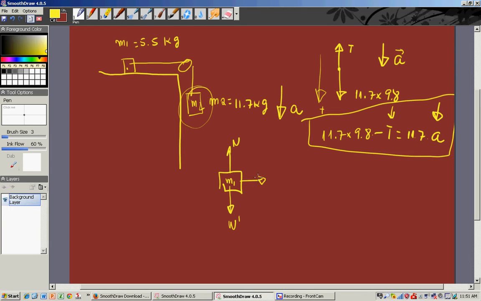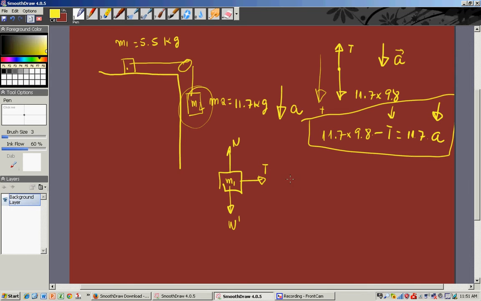Now when you look at mass 1, it has weight, normal, and tension, and I could complicate your life. Perhaps I would do that in the exam and say, hey, there is kinetic friction in here, or static friction. I could do that, right? If there is friction, the only thing you do is add some backward force here.